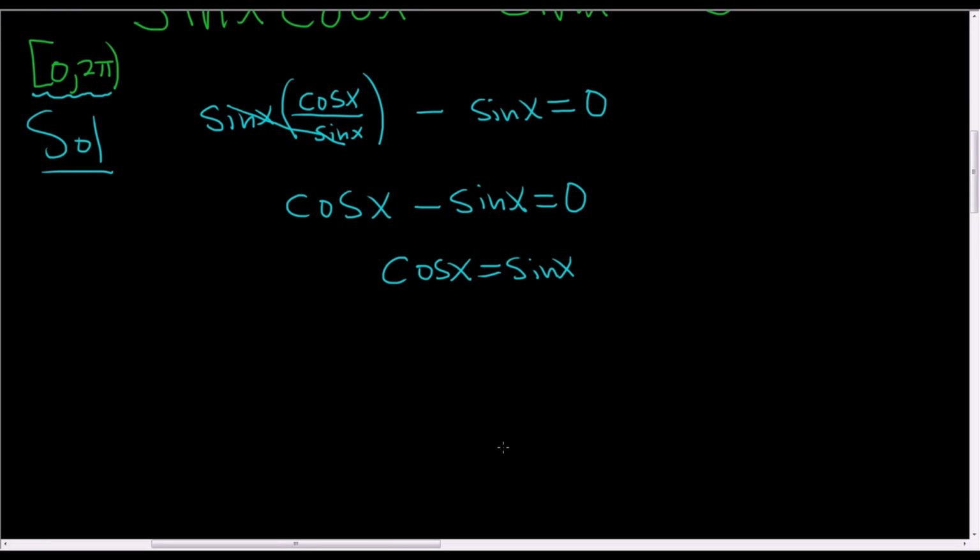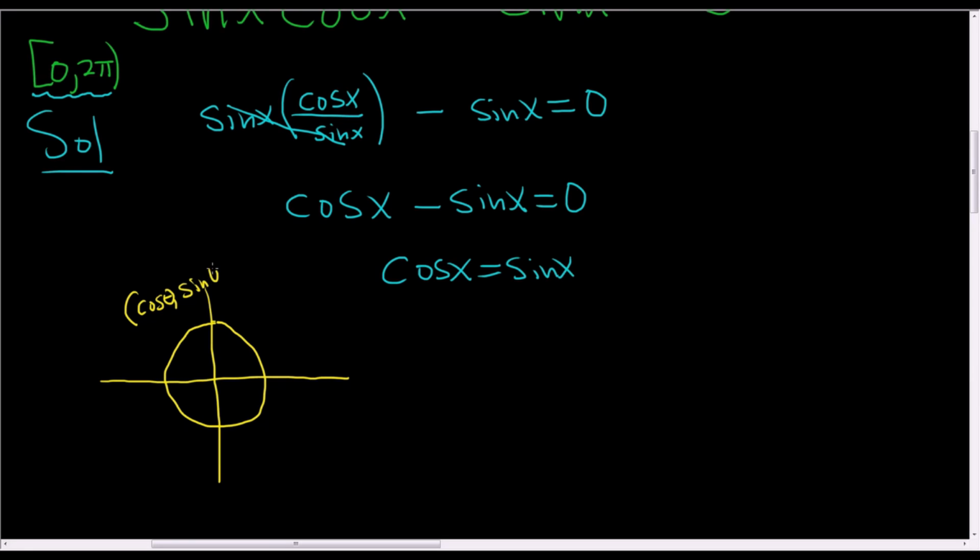So let's carefully think about the unit circle. This is basically asking us, on the unit circle, when is the x-coordinate equal to the y-coordinate? Remember, on the unit circle, every ordered pair is of the form cosine theta, sine theta. So your x-coordinate is cosine and your y-coordinate is sine. So when are they the same? Well, pi over 4, that's one place they're the same, right?